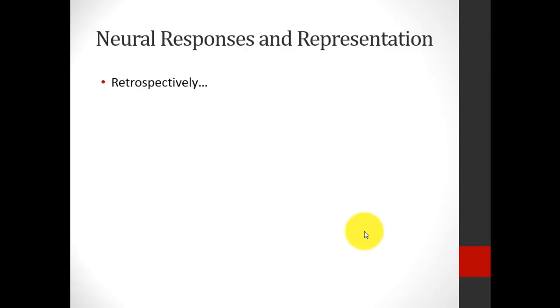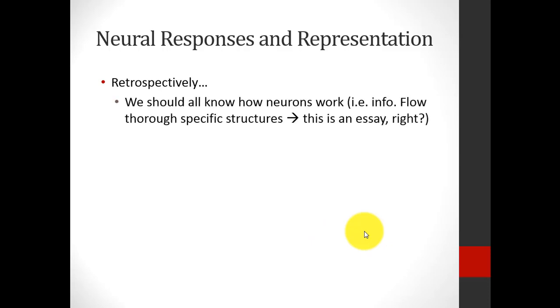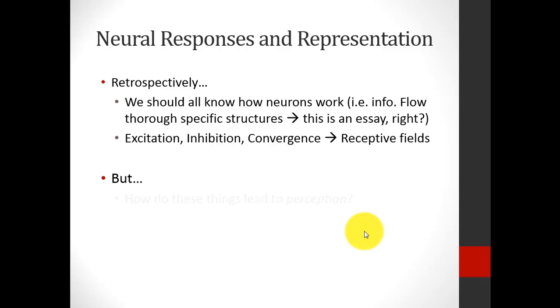So, looking back, we should all know how neurons work. I gave a quick overview of that, but I think that you would be able to write in more detail as you move through the specific structures. We talked about excitation, inhibition, and convergence in terms of the basic neural circuits, and we related that to receptive fields. But now here's the big question.